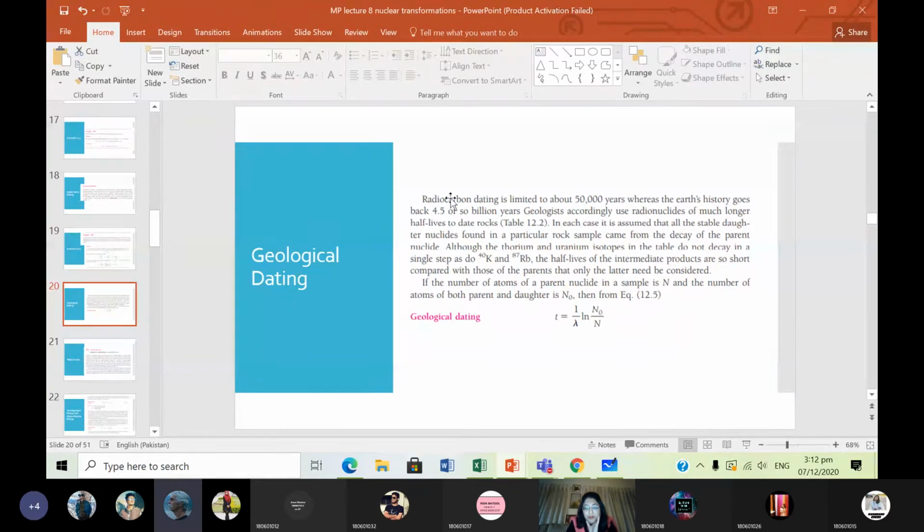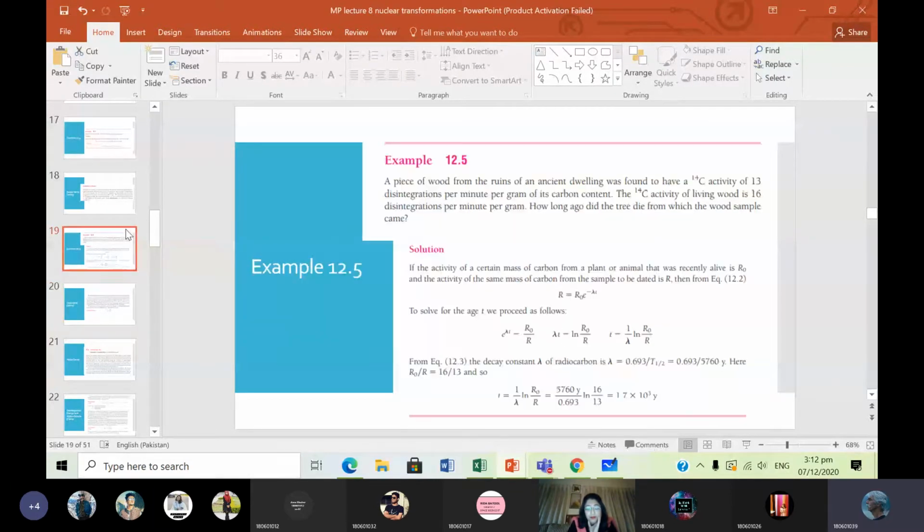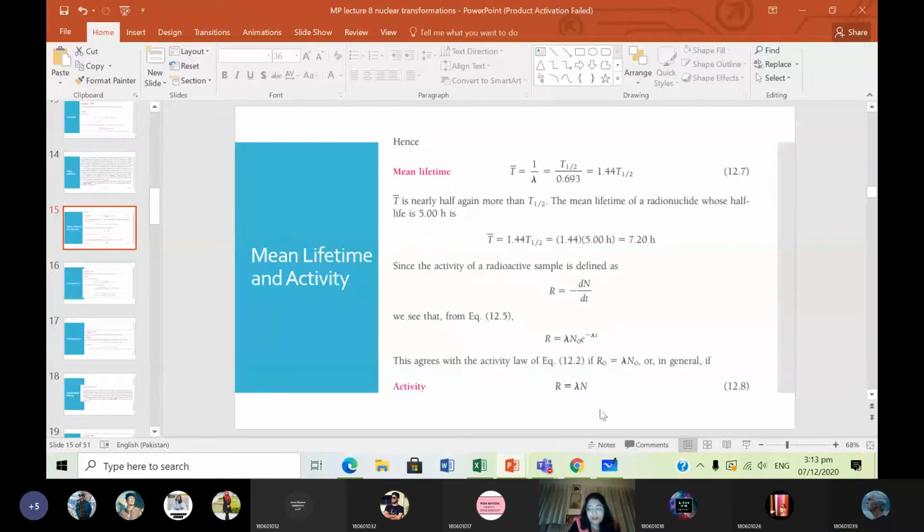Ma'am, activity and number of nuclei are proportional to each other, right, because the formula is the same? The formula is what I told you: activity R is lambda times N, where N is the number of nuclei that are remaining and R is the activity. They are related by this formula.